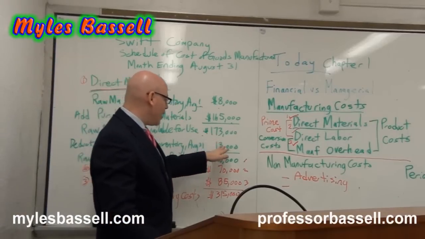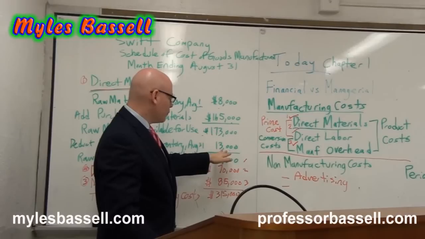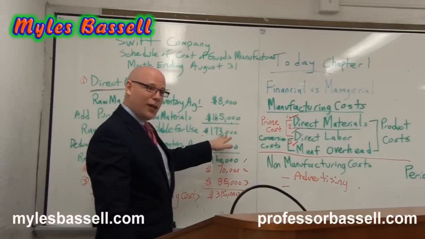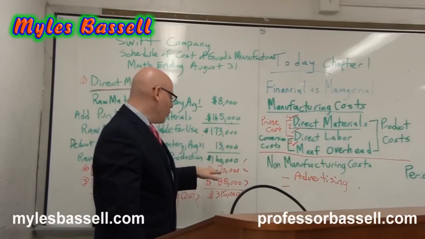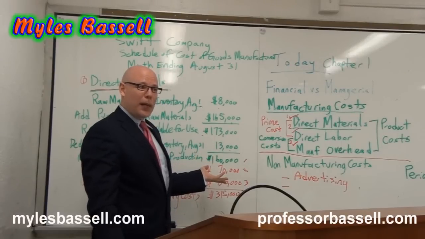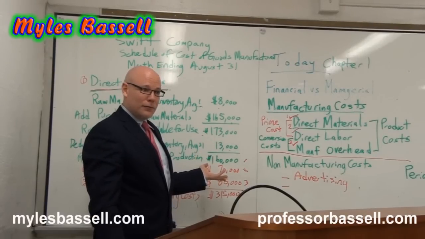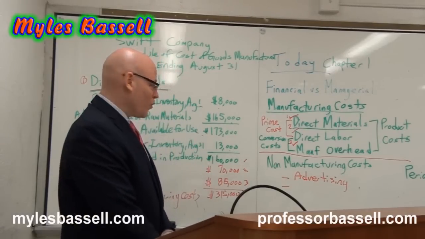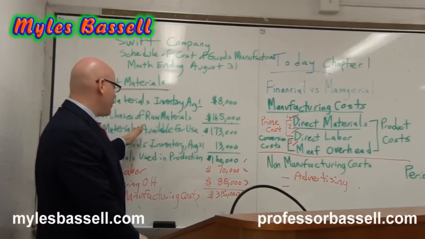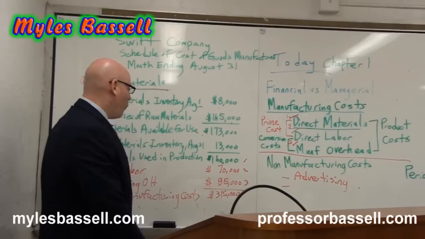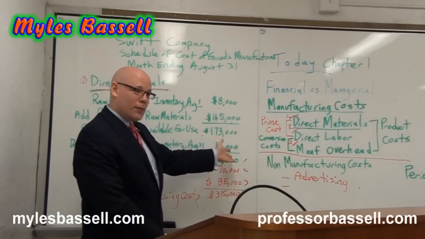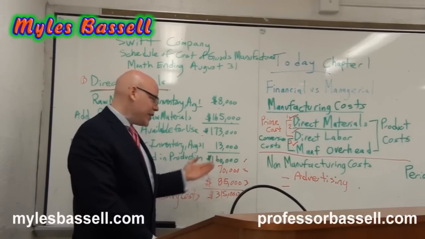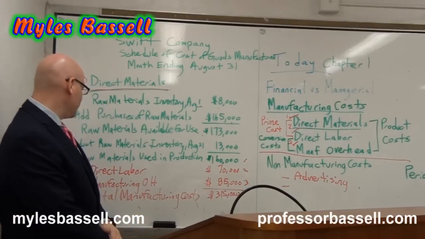So if we have $13,000 left out of the $173,000 worth of plastic, that means we used $160,000 worth of plastic that month. Does that make sense? So we're looking at what we started with, what we purchased, how much was available, and what was left at the end of the month. If that's what's left, that means that's how much we used: $160,000 worth of plastic.